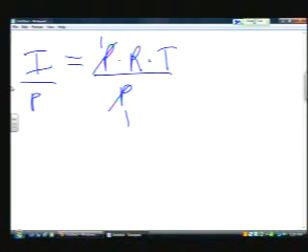So far we have I over P equals R times T, and we want to solve it for P, so we want to get rid of I. How can you get rid of I? How about subtract I from both sides, Wyatt? Does that work? Sounds good.